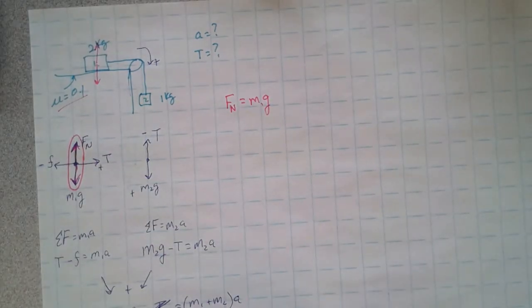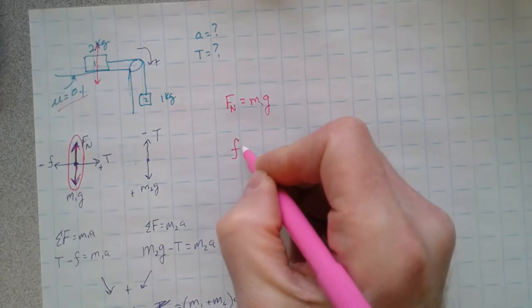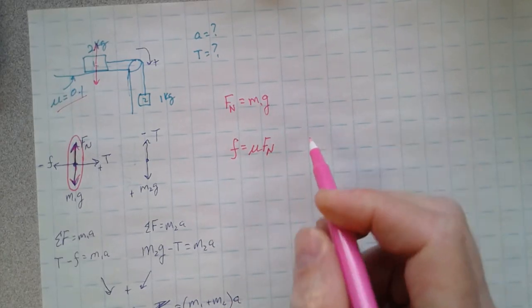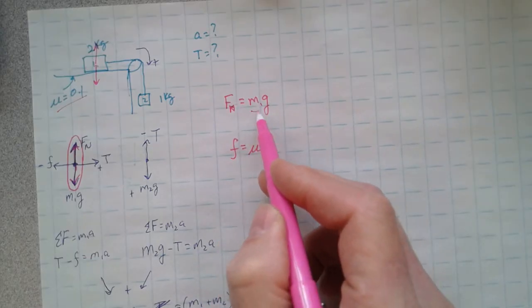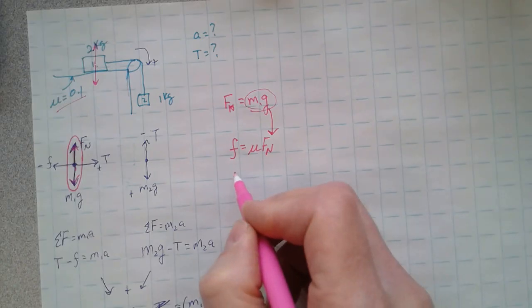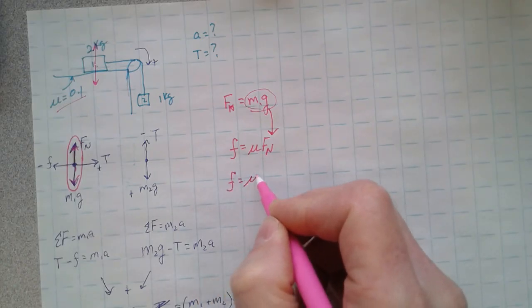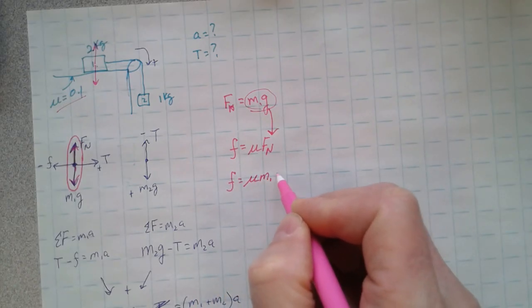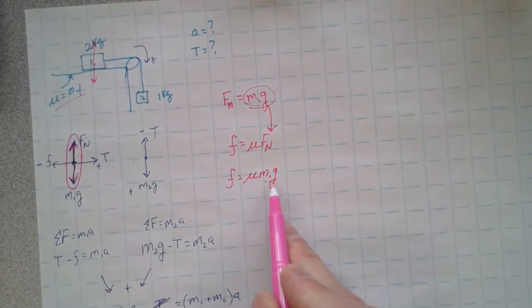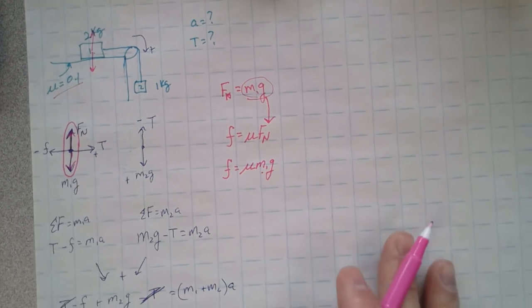All right, let's continue to solve for our frictional force using our fun equation. Since the normal force is equal to this, I'm going to plug that right into here. So I have friction is equal to mu times M1G. I know mu, I know M1, I know G. I can actually get that number right now.